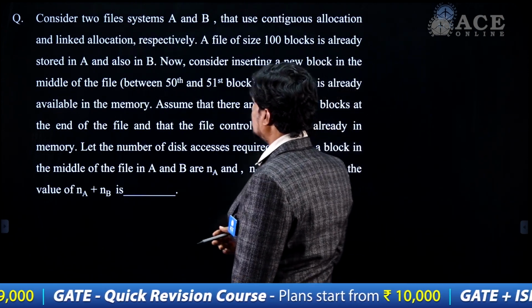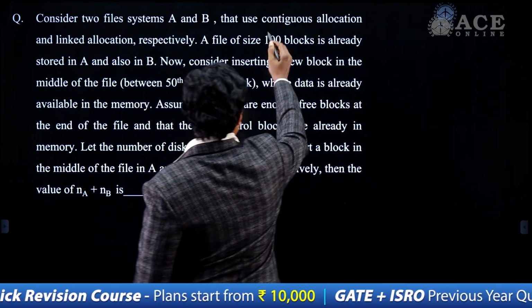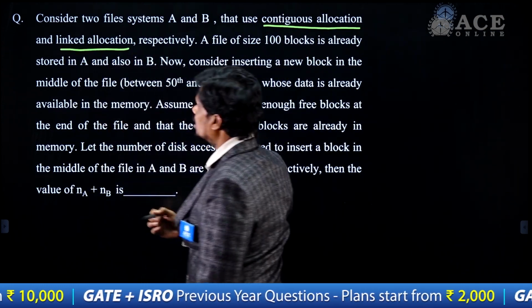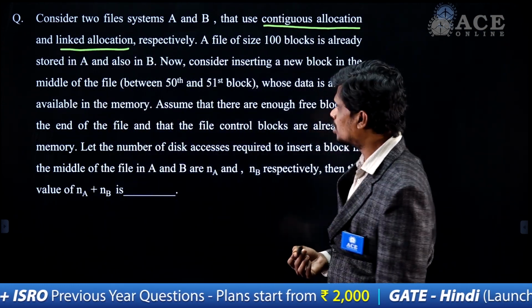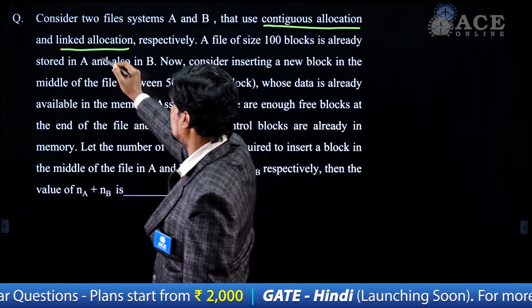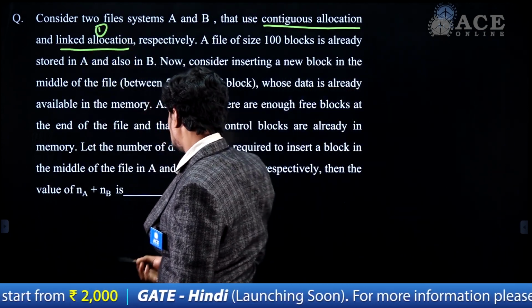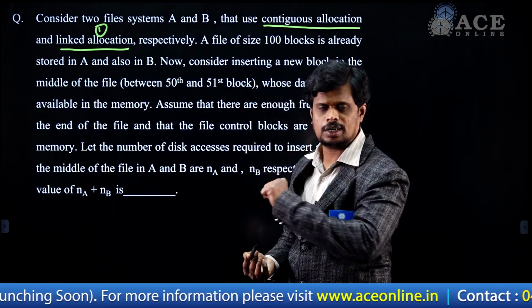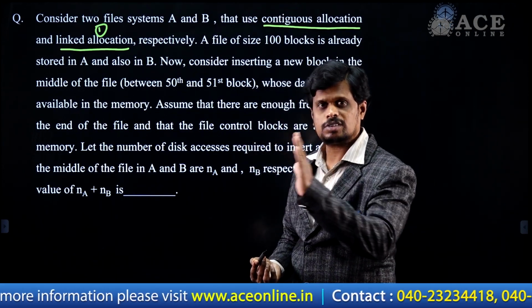So look at what you are doing here. You are performing two file allocation techniques. One is the contiguous file allocation technique, and another one is the linked file allocation technique. First consider the linked allocation technique. It is sequential access.